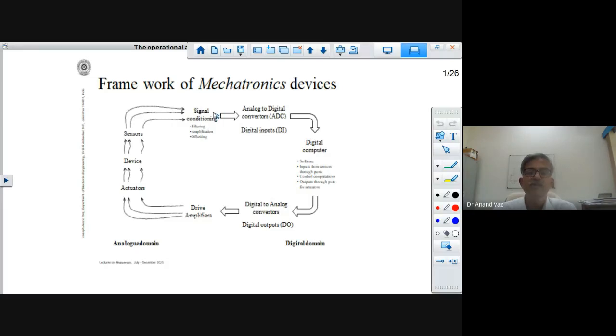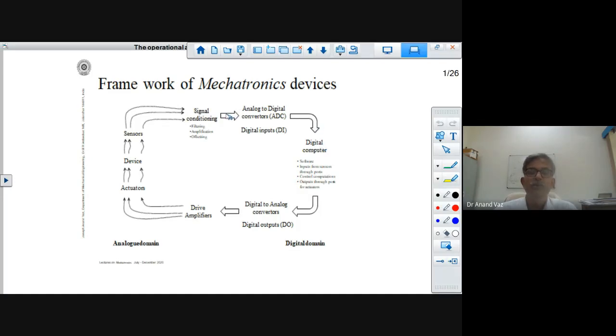So once we have a conditioned signal, properly amplified and properly offsetted and brought to the range of the conversion, we have to make it understandable to the digital computer.